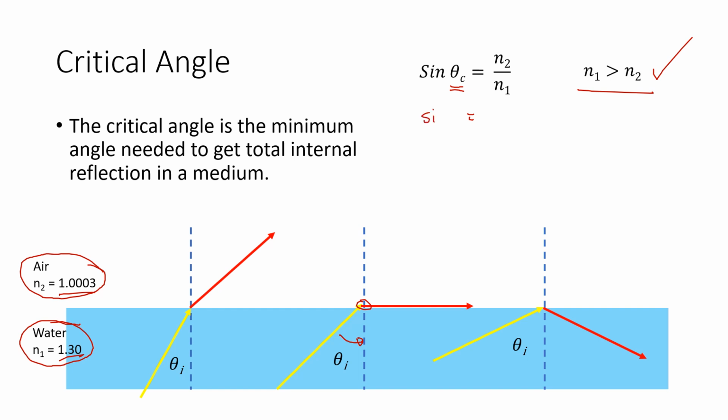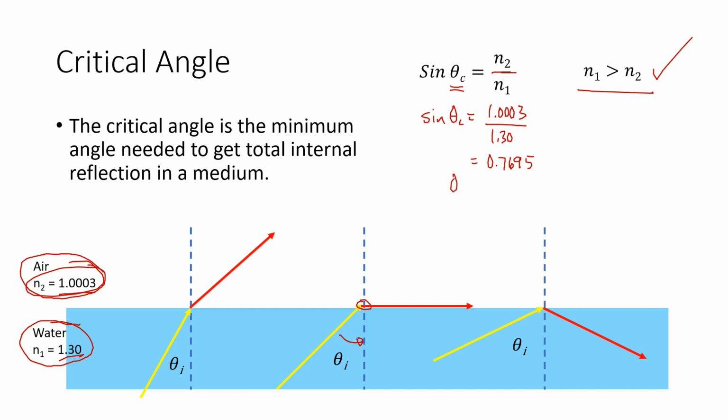So sine of the critical angle equals the ratio of medium 2 over medium 1. So medium 2 is this guy. So that's 1.0003 for the index of refraction of air. And then we've got 1.30 for the index of refraction of the water. And if you calculate that or type it in your calculator, you'll end up with 0.7695.